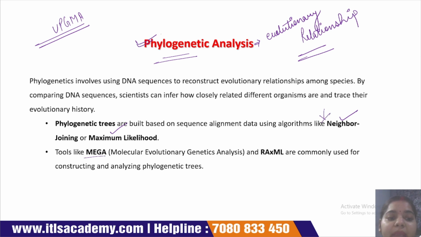Next is MEGA. MEGA 11 is a tool that is used to reconstruct the phylogenetic tree. The full form of MEGA is Molecular Evolutionary Genetics Analysis. Next is RAxML. This is also a tool that is used to construct and analyze the phylogenetic tree.